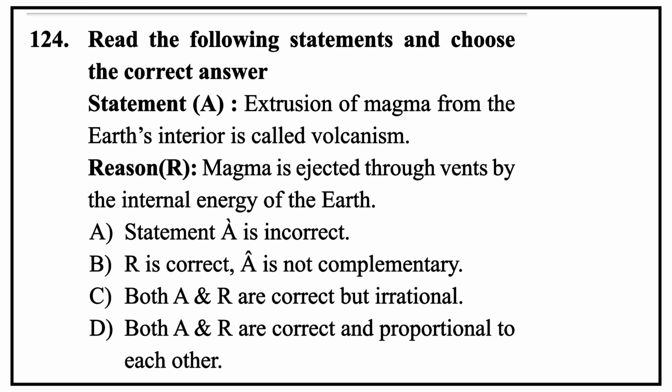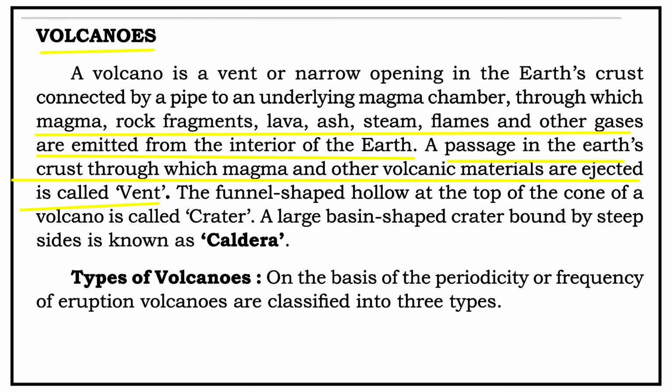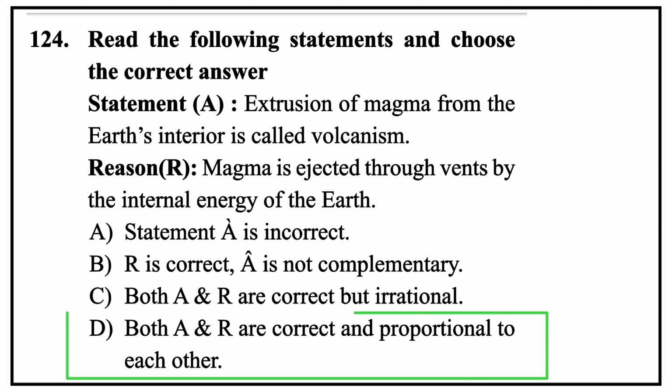D. Both A and R are correct and proportional to each other. Here is a clue. Volcanoes emit magma, rock fragments, lava, ash, steam, flames and other gases from the interior of the Earth. A passage in the Earth's crust through which magma and other volcanic materials are ejected is called a vent. Option B is right. Both A and R are correct and proportional to each other.